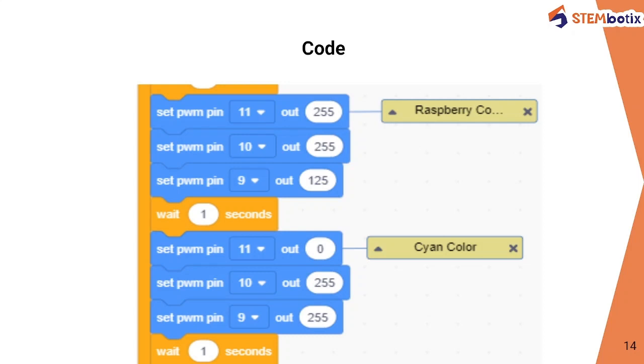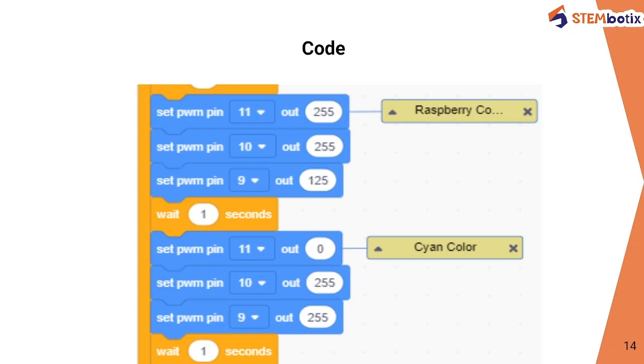We just need to set PWM pin 11 to 255, set PWM pin 10 to 255, and pin 9 will be at 125. It means we have a color combination of red, blue, and green. We just need to lower the intensity of the green color, then we will have a raspberry color. And then hold for 1 second.